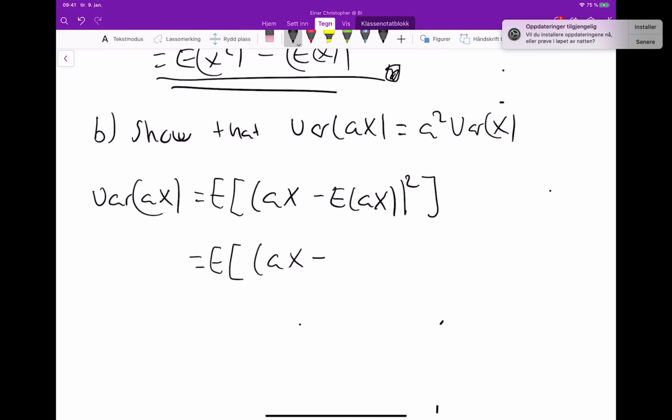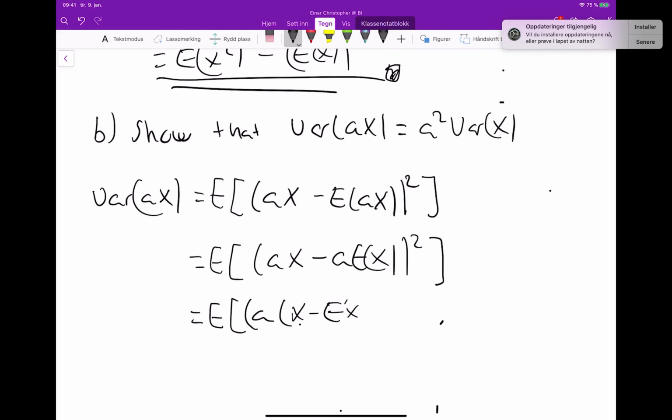I see that I can put this a outside the expectation, like this. And then I see I can write this as, there are many ways to do it, but I think I do it like this. So a, parenthesis, x minus the expectation of x, to the power of 2.